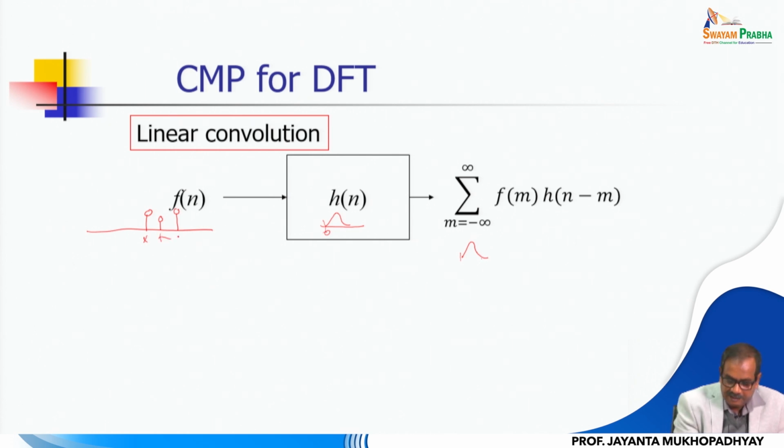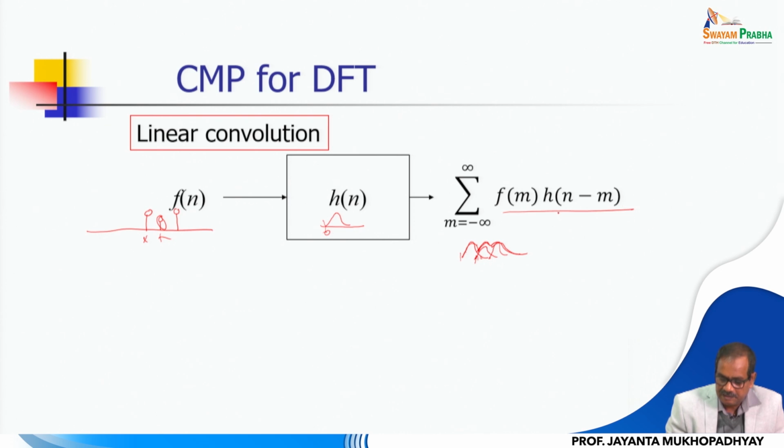Then for this one, say this is the point, it will be a scaled version of this depending upon the magnitude, and for this one, a scaled version of this. Finally, these are to be summed up. So you will get some summed up values, and finally you will get a profile like this as an output, and that is what is expressed here.